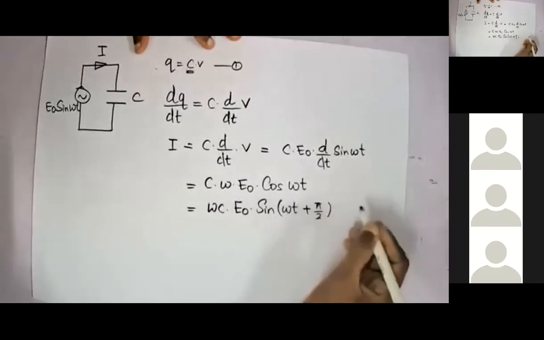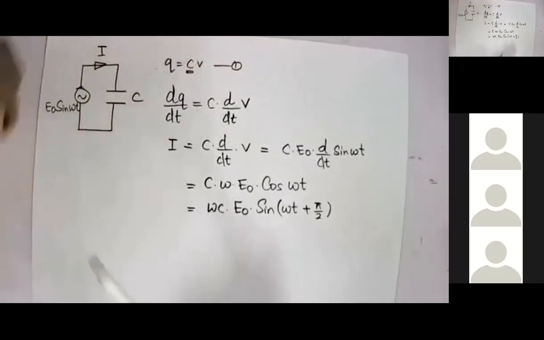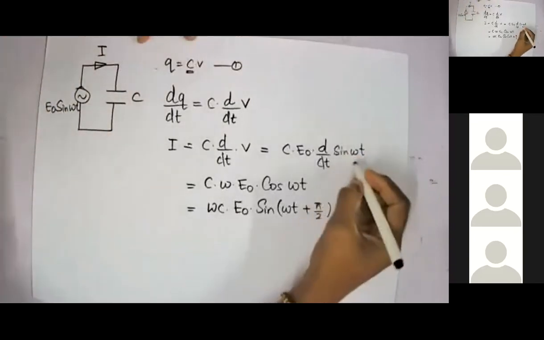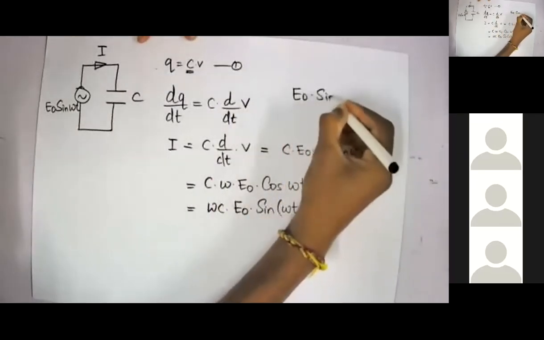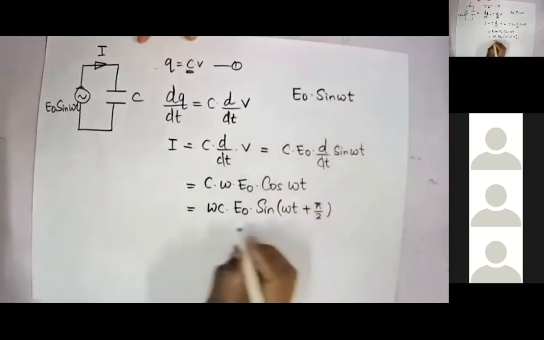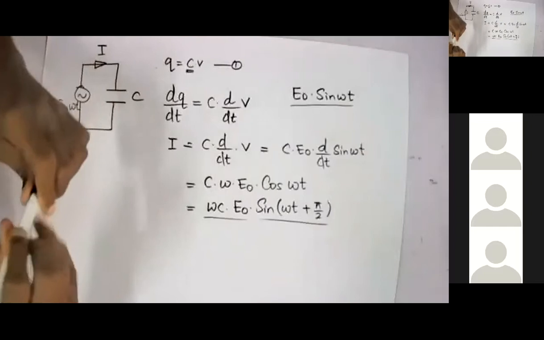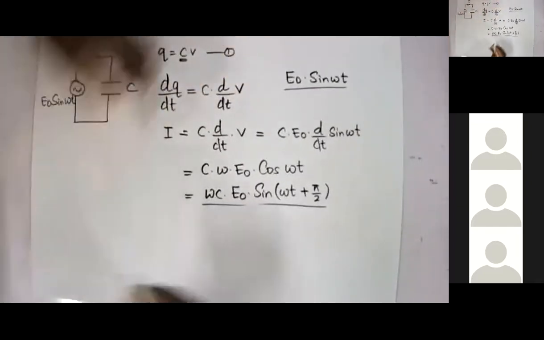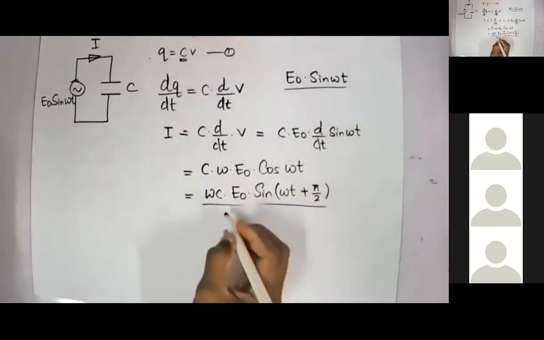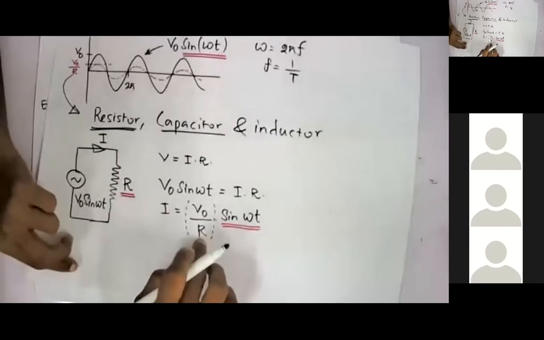which is 90, pi by 2. Now look at here, your input is E naught sine omega t, but your output is this one. Compare your input and output. When you are comparing, look at here, you had V naught by R, resistance.